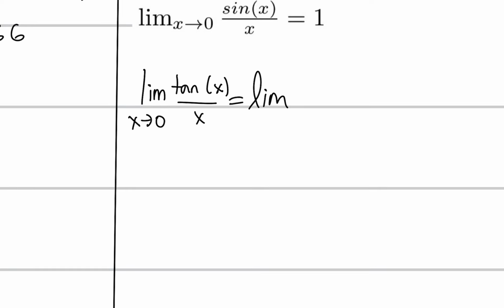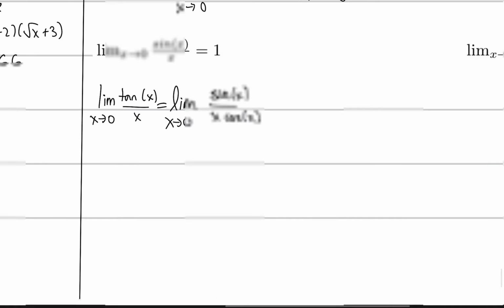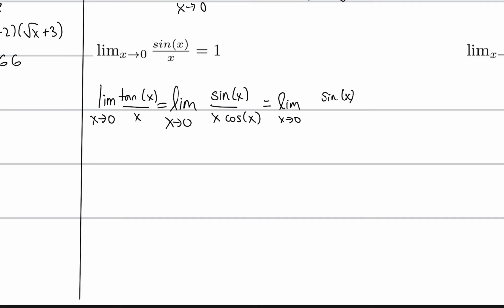Since we know these other two, we're going to first write tangent of x as sine of x over cosine of x. And in this case, we're going to use our rules for limits to split this into sine of x over x times 1 over cosine of x.